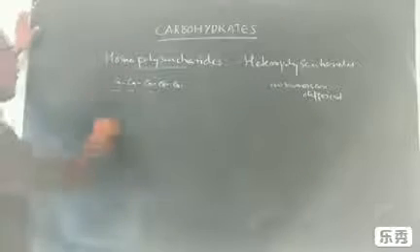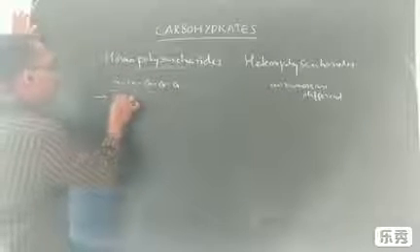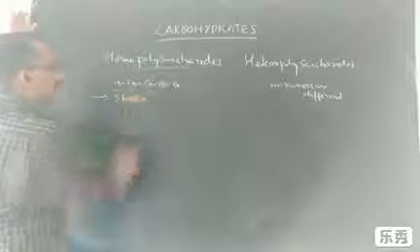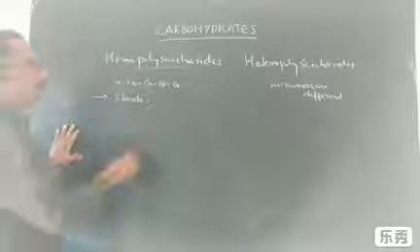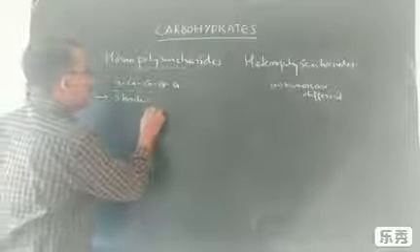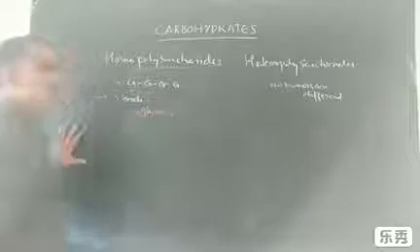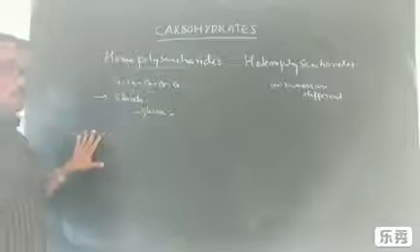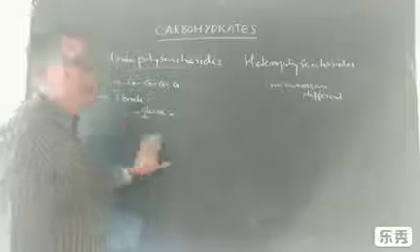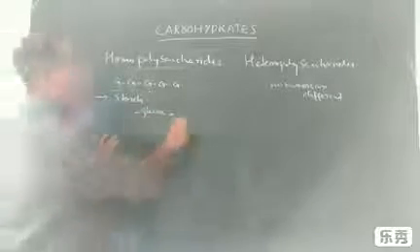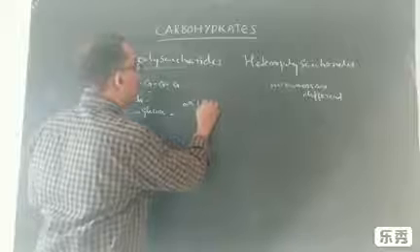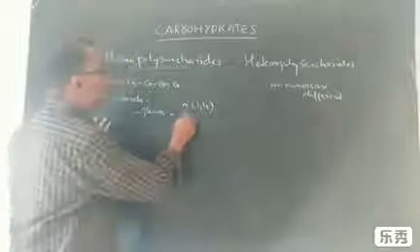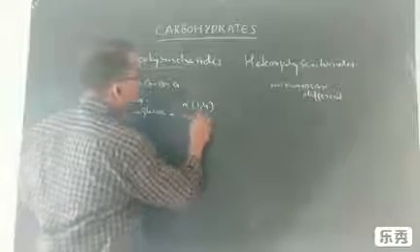We will see the examples for homopolysaccharide. It is starch. We might have heard of starch. It is made up of amylose and amylopectin, which are composed of glucose. The linear linkages are formed by alpha 1,4 linkages, and branching is formed by alpha 1,6 linkages.